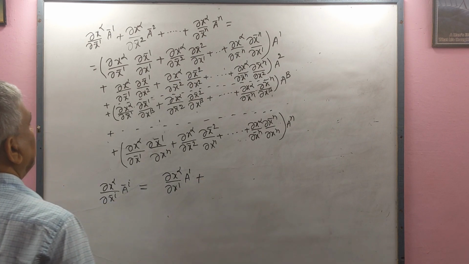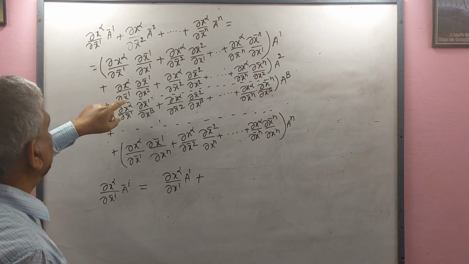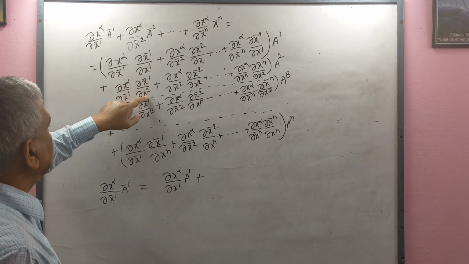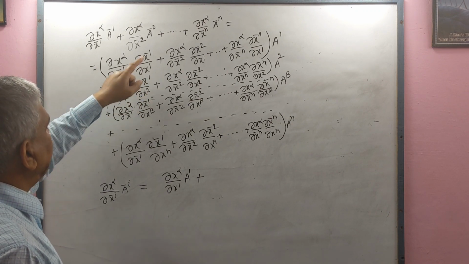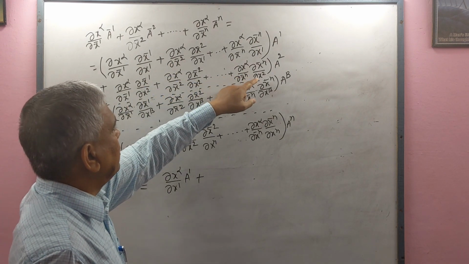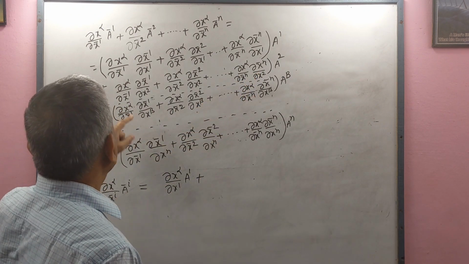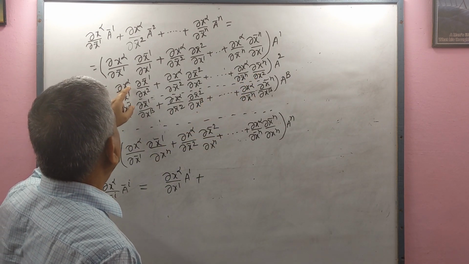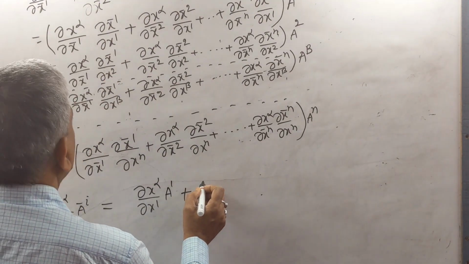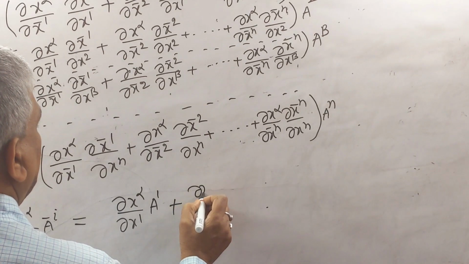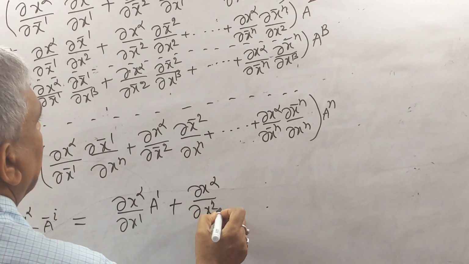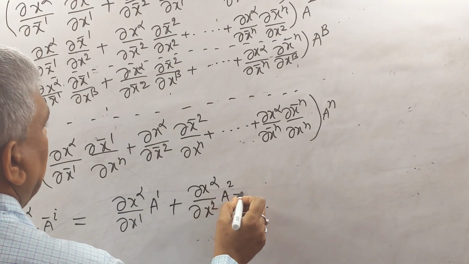Similarly, in the second line we also get del x alpha by del x bar 1, del x bar 1 by del x 2, and so on up to nth term. So this is the derivative of x alpha with respect to x2. So we write del x alpha by del x2 A2 plus dot dot.